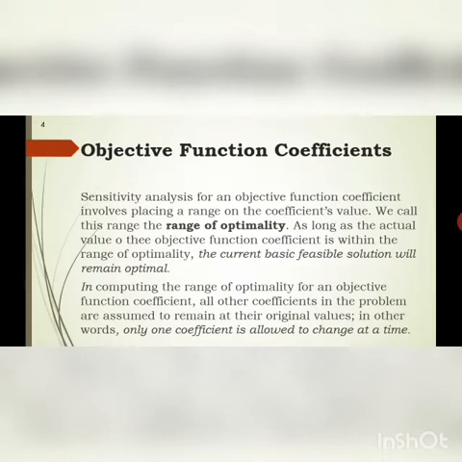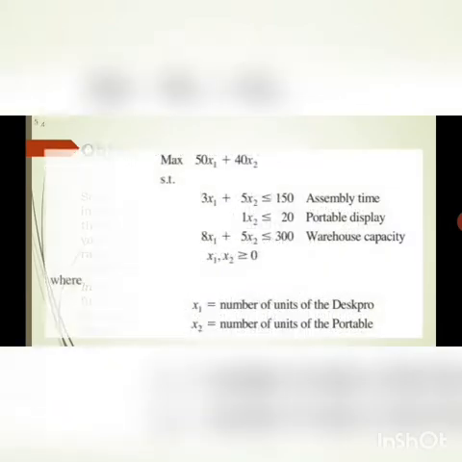The linear program for this problem is restated as: maximize 50x sub 1 plus 40x sub 2, subject to 3x sub 1 plus 5x sub 2 less than or equal to 150, that is our assembly time; 1x sub 2 less than or equal to 20, the portable display; and x sub 1 plus 5x sub 2 less than or equal to 300, the warehouse capacity.